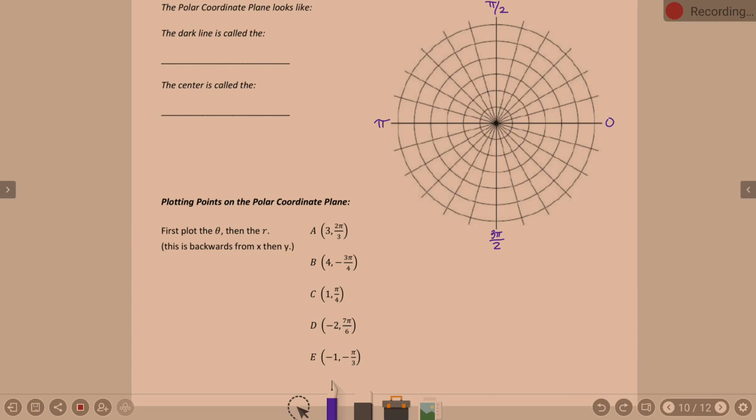Now, notice, how many lines do we have here? 5. We've got 5 lines. She only named 3. If you look at the one on the sideboard in the classroom, we used those middle 3, didn't we? We didn't use what would have been pi over 12 and 5 pi over 12, or in other words, 15 degrees and 75 degrees. Those aren't big ones we talk about.